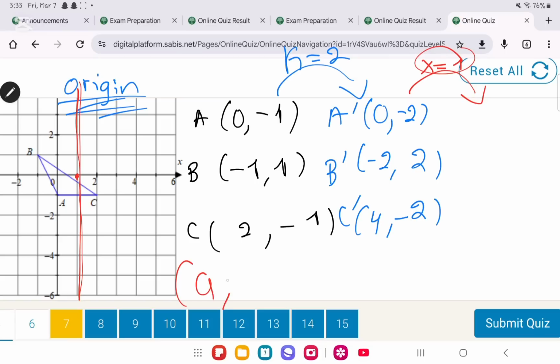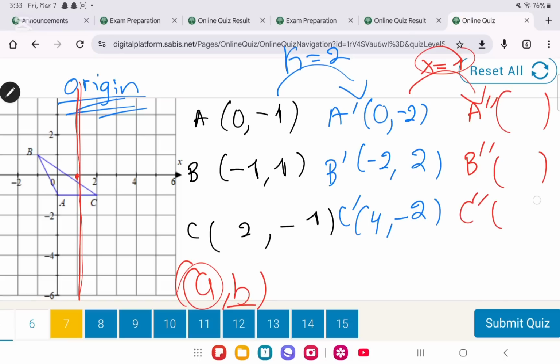So let's just put the new points, a double prime, b double prime, and c double prime. We know that the y is gonna be the same, so to be a little bit faster, you can put minus 2, 2, and minus 2 again, because it's gonna stay the same. However, to find the value of the x, we will follow the rule 2 times x minus a, okay?